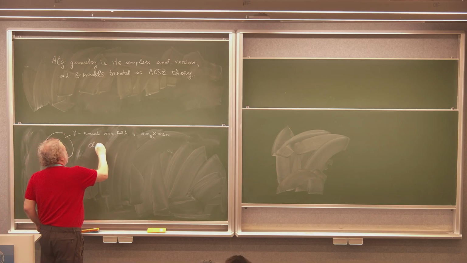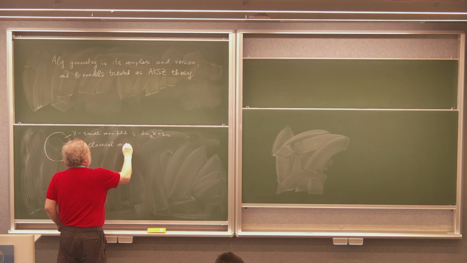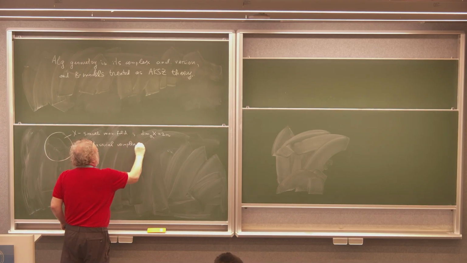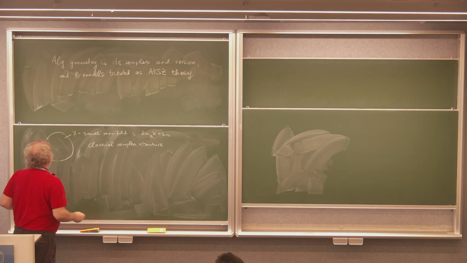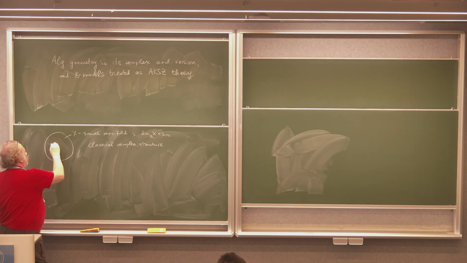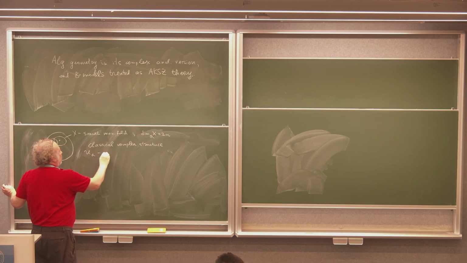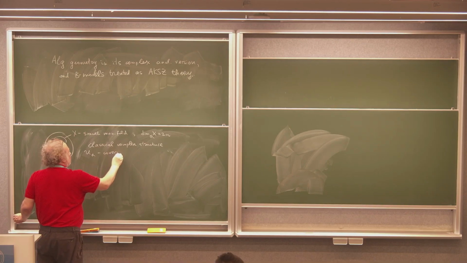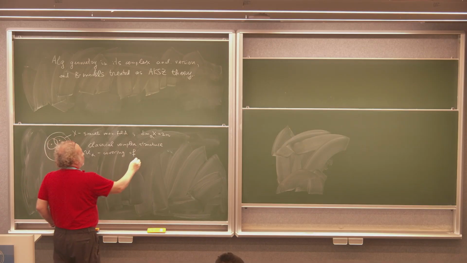Classical structure is the following data. U cover, U alpha, cover of X.